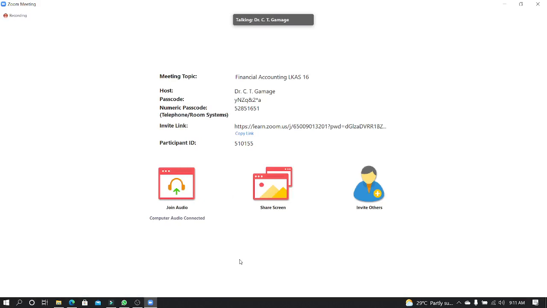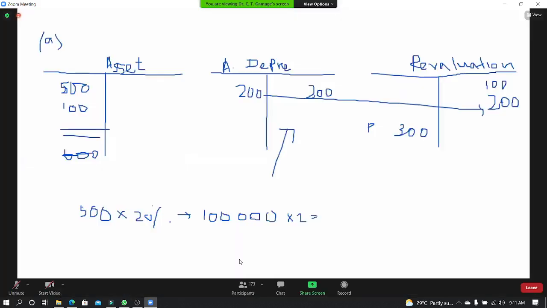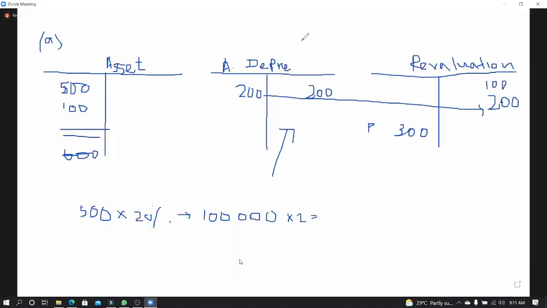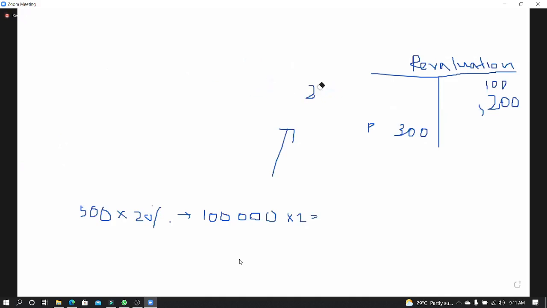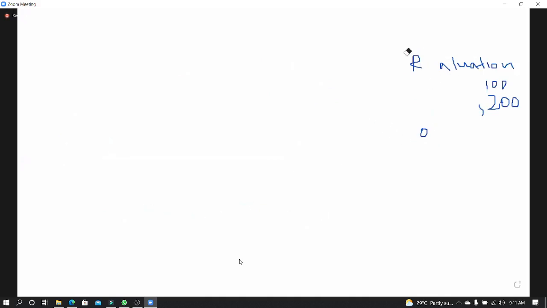For the second one, I have to erase everything, I think. This method you know, but the second method I have doubt whether you know or not.